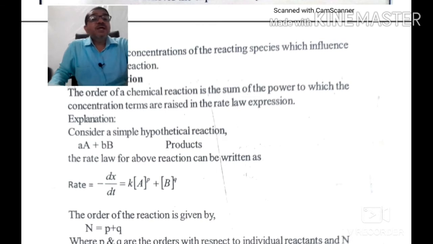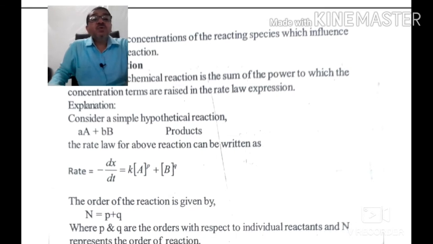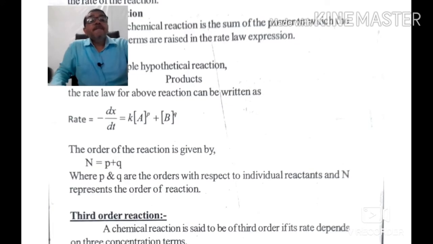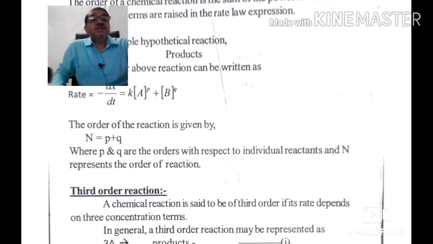The rate law for the above reaction can be written as rate is equal to minus dx by dt is equal to k into concentration of A to the power p times concentration of B to the power q. The order of the reaction is given by n is equal to p plus q, where p and q are the orders with respect to individual reactants and n represents the order of reaction.